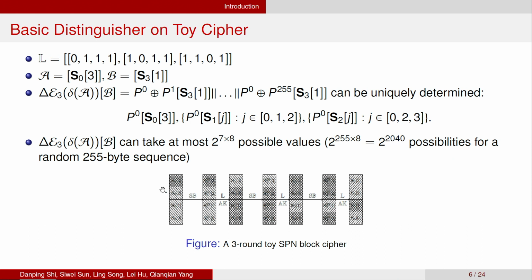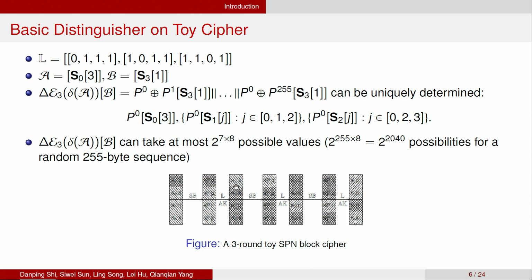For each pair Pi and P0, the difference is active at S03. So with the value of P0 at S03, through the 1 round encryption, the input difference of round 1 can be deduced, and the difference is inactive at S13.